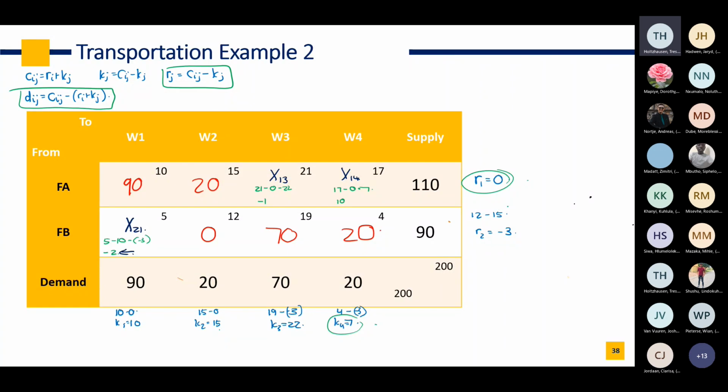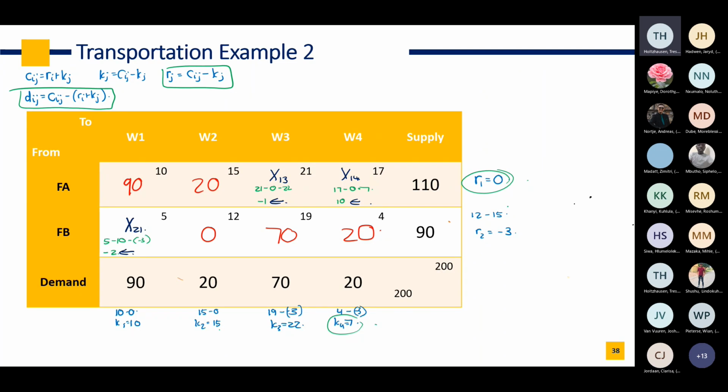So it's going to decrease the objective function. x13 would also decrease the objective function. 1 unit of x13 is going to decrease it by minus 1. And then you have the 10 situation that will increase it. So obviously we don't want to bring x14 into our solution. We want to look at x13 and x21.